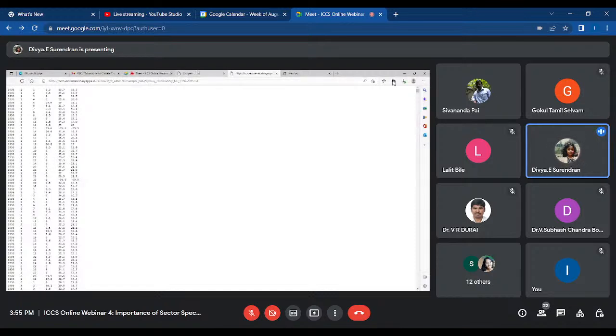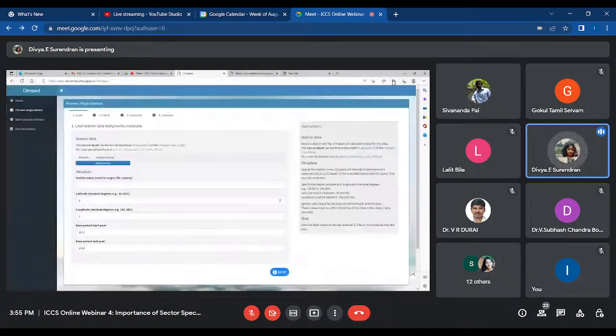So it will take the data, and here you have to give the latitude and longitude of your particular station. Latitude and longitude are also important. The next one is the base period.